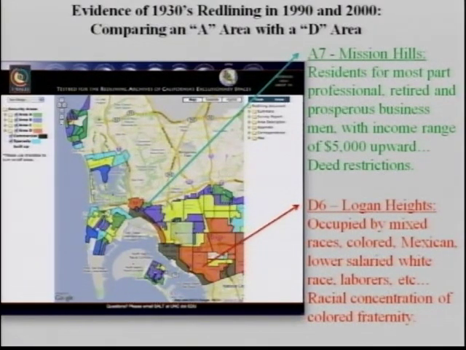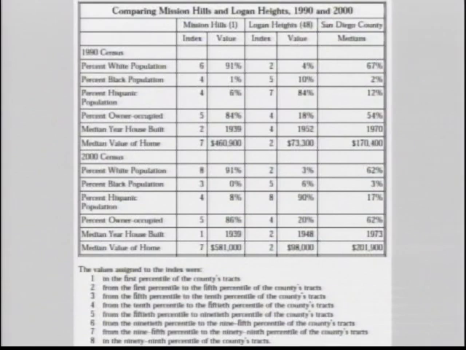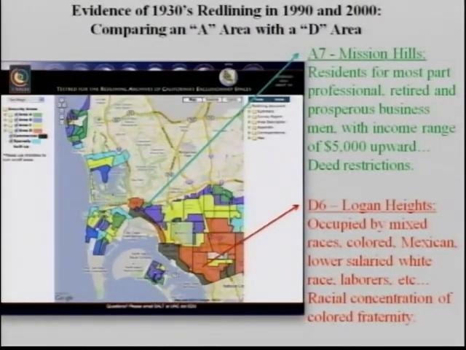This was an earlier study done with San Diego, where I actually worked with demographers, and we used 1990 and 2000 census information. So think of the value of being able to go back in time and frame this period. So this was a tale of two neighborhoods. We took Mission Hills by Old Town, which was a green area, that's where I used to live, and Logan Heights, which was a redlined area.